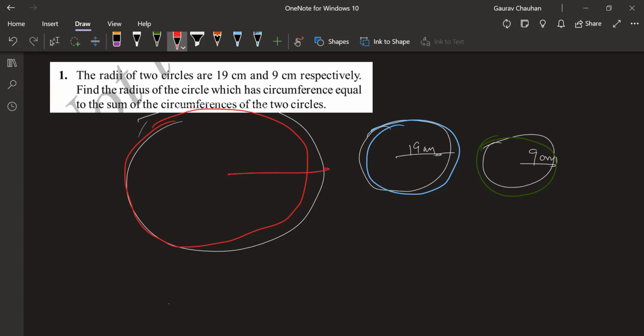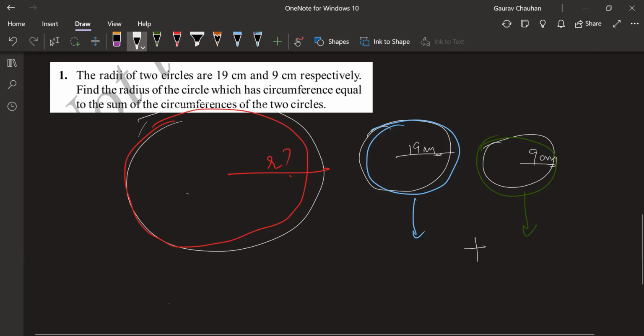I'm going to give you a minute to think. Raise your hands whenever you're ready. Go ahead, MG. Sir, we'll find the circumference of those two circles. Then we'll also find the circumference of the circle. Then we'll add both to get the circumference of that circle.